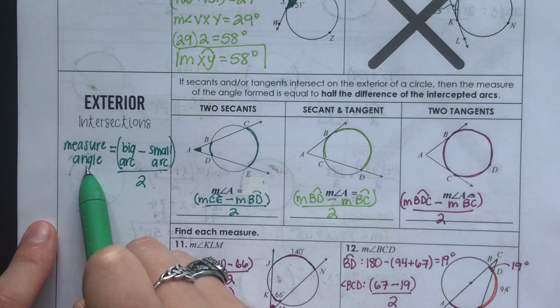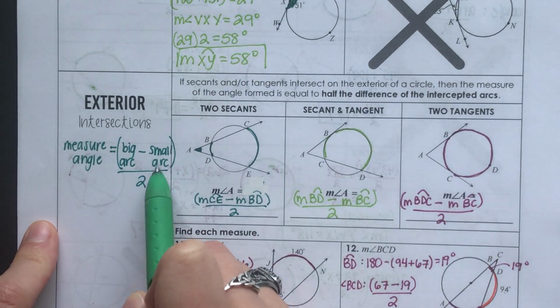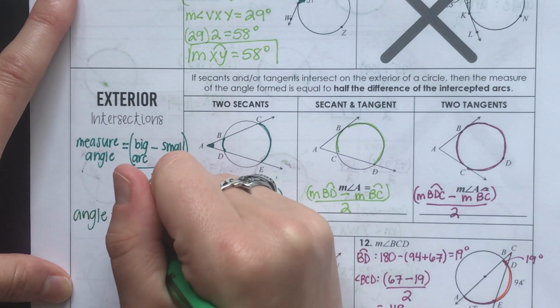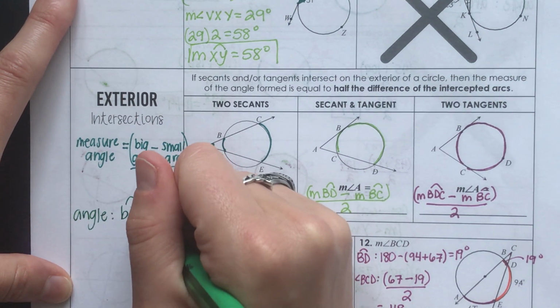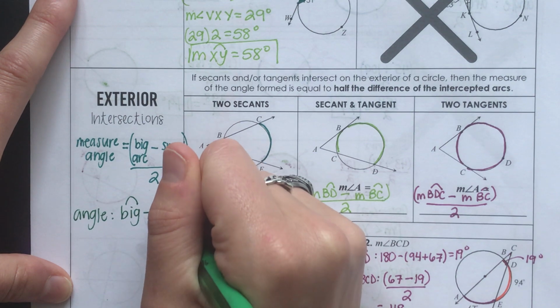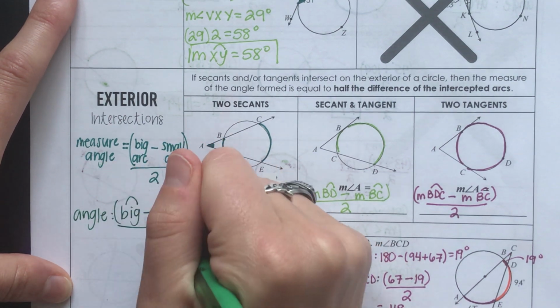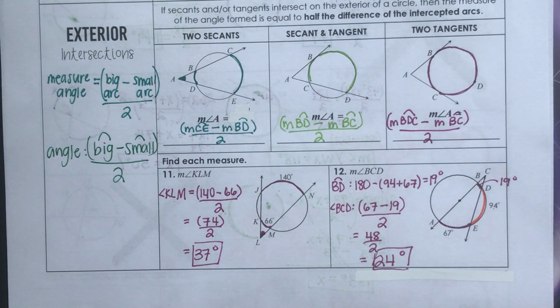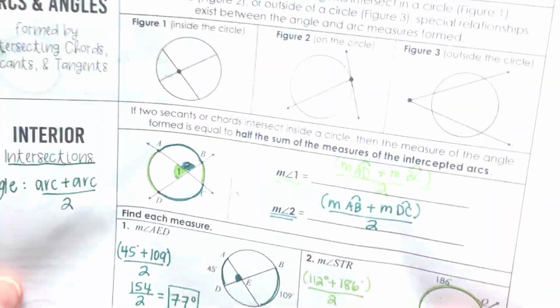To find the angle, you're going to do big arc minus small arc divided by 2. So your angle is big arc minus small arc divided by 2. And that's a really easy way to remember them. Now make sure you remember the formula for each one, because if you use the wrong formula, you will get the answers wrong.